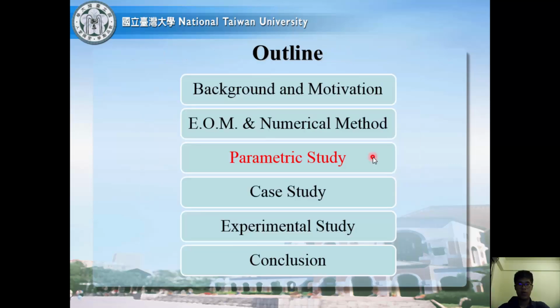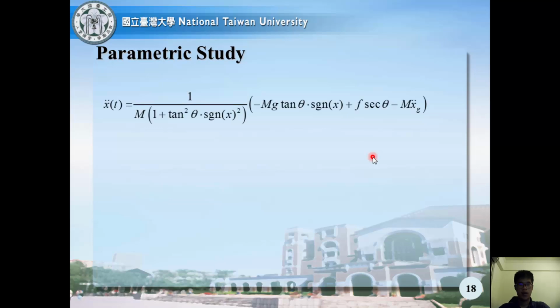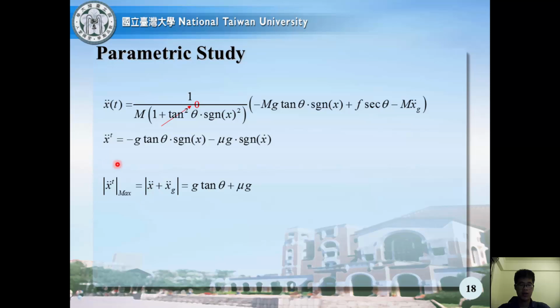So now I'm going to move on to the parametric study. First of all, in order to simplify the expression of the absolute acceleration, we'll further neglect the higher order term of tangent theta. So then the maximum value of the absolute acceleration can be expressed in this form.